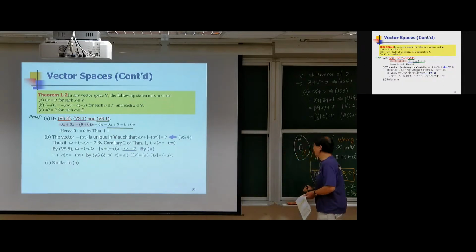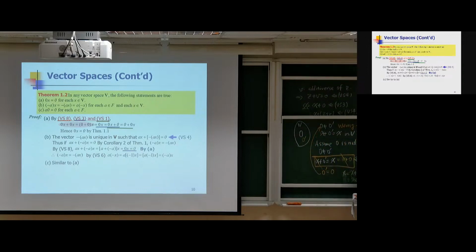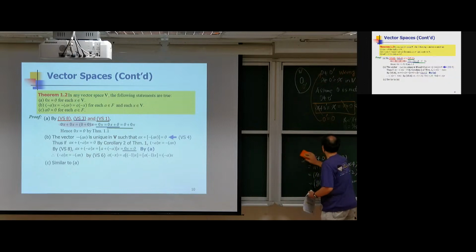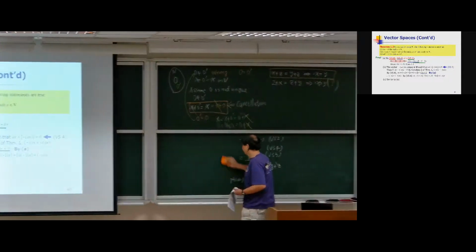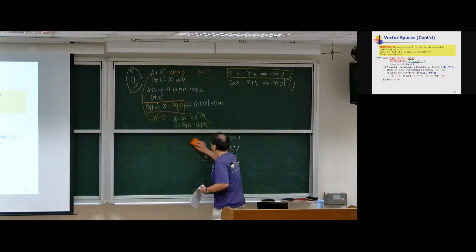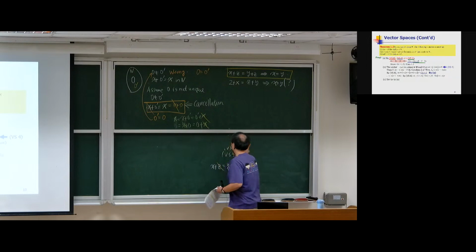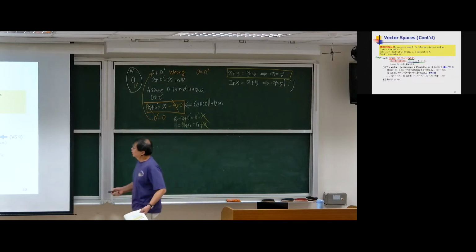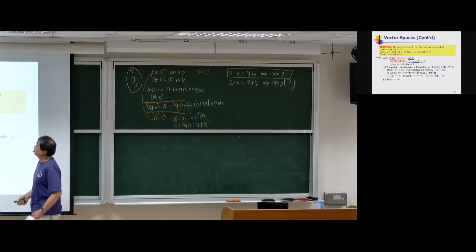Now, let's prove A first. So we want to prove that 0, the scalar multiplication of 0x equals 0. So we've got to use the property VS1 to VS8 to prove the theorem. So here we just use VS8.